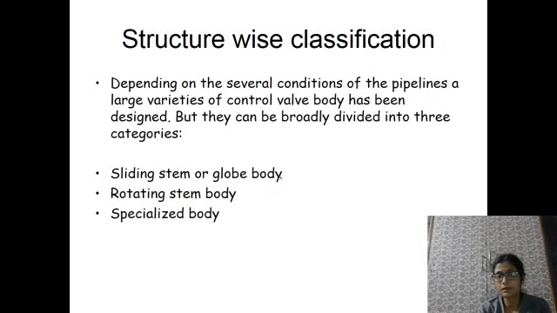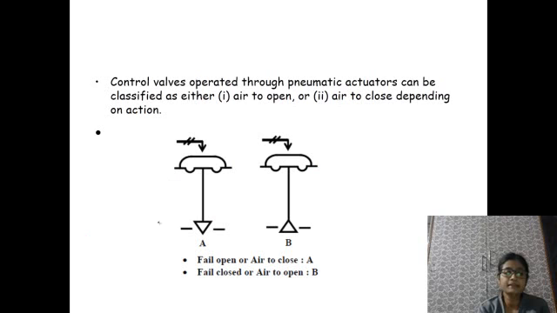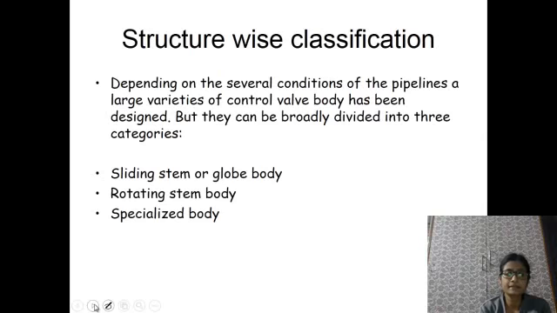So far we have shown the figures. All are sliding stem or globe body type, where the stem slides through the seat area. So this is the sliding stem type.